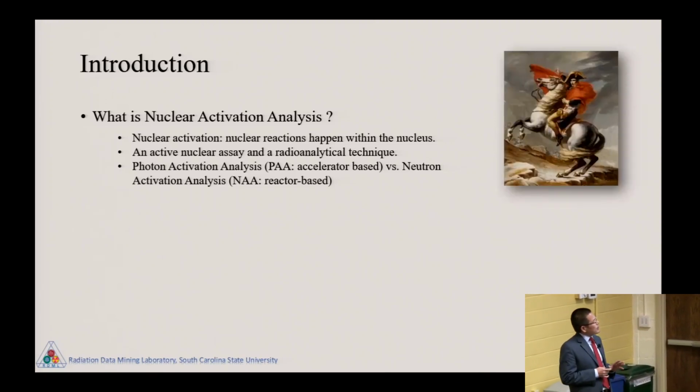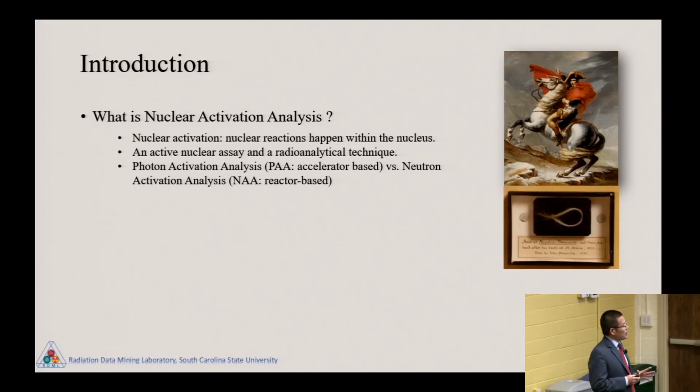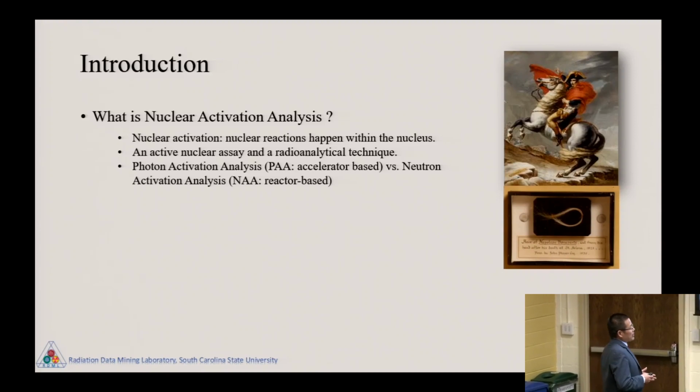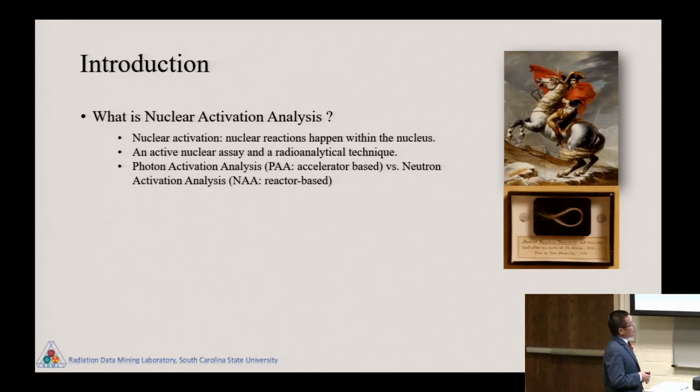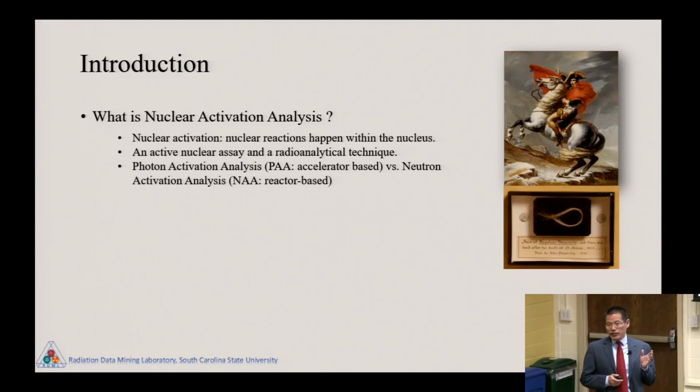The famous case of nuclear activation analysis, of course, is this one. This is Napoleon Bonaparte. Rumor said he was poisoned by his British servant. And how to demonstrate that? The scientists took these hairs of Napoleon Bonaparte, and then we used neutron activation analysis to analyze the isotopes in that hair.